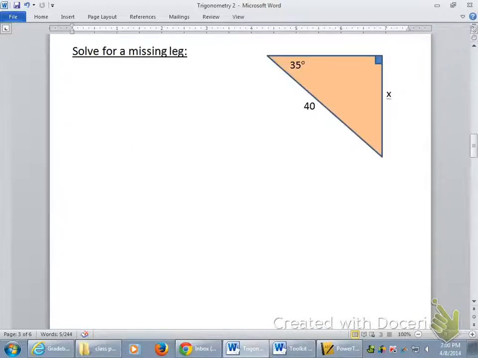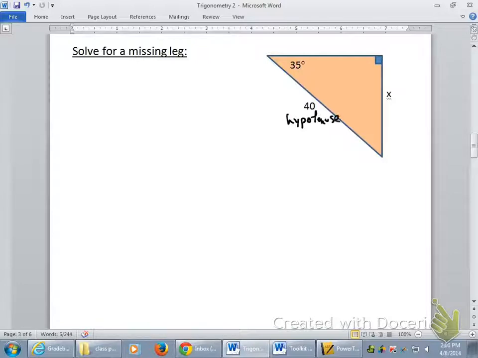So now look at this situation. We now know the angle. The angle is given to us. But we're missing a leg. So where are these legs that they've given us, these sides of the triangle? Where are they related to the 35? Which one's the hypotenuse? 40. Okay, 40 is the hypotenuse.